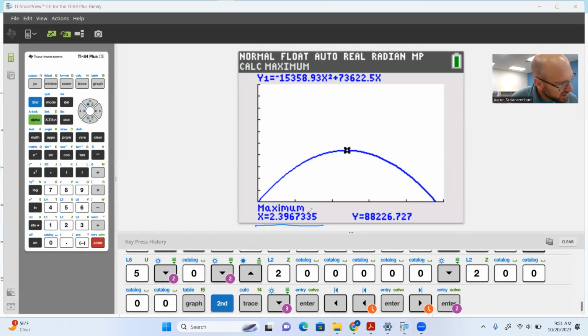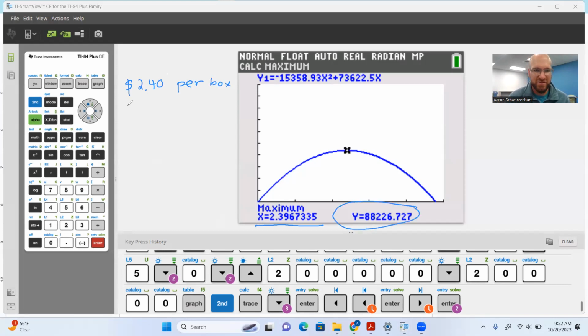So what did the question ask me? The question actually asked me to determine the maximum revenue. So the maximum x, which I got to look back at the problem to see what it was talking about, the maximum price per box is basically $2.40 per box. The context of this problem was the more I charge for the box, the less I'm going to sell.